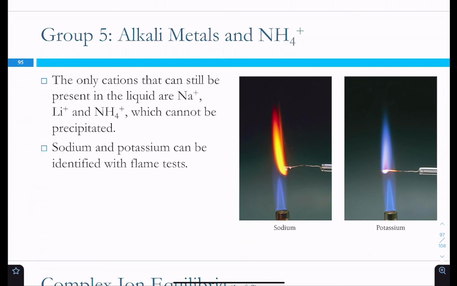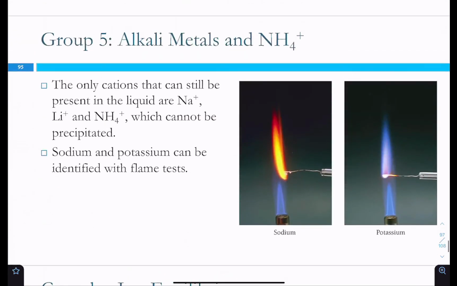So sodium and lithium can be differentiated by a flame test. So sodium's going to make an orange flame, potassium will make a light blue flame. And really, ammonium, you can smell. You're going to get that ammonia smell. And so you can probably identify it like that, even though it doesn't say that officially on these slides.